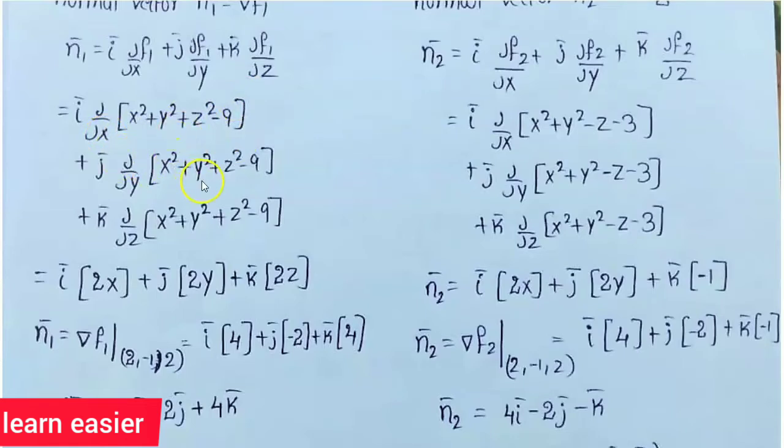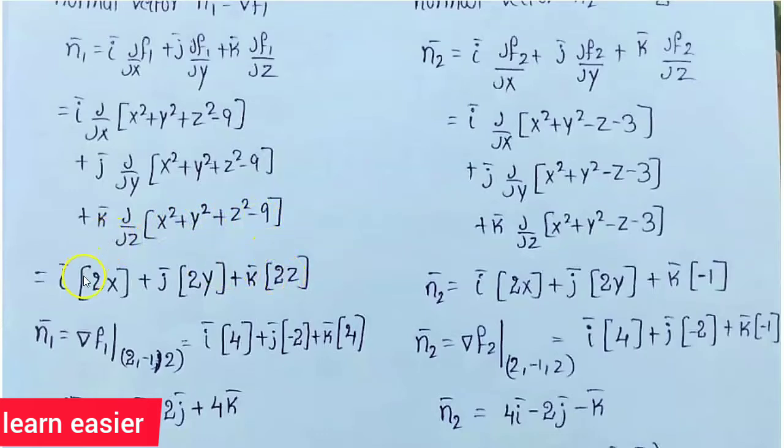And here we differentiate with respect to y. So we get 0 plus 2y plus 0 plus 0 minus 0, so we get only 2y. And here we differentiate with respect to z. So we get 0 plus 0 plus 2z minus 0, so we get only 2z.